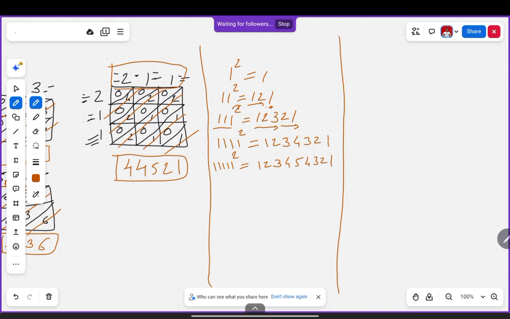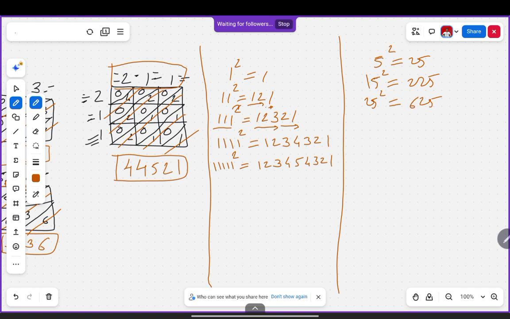Another pattern for calculating squares is for numbers which end with 5. Say 5 square is 25, then 15 square is 225. I'll take one more example, 25 square, that is 625.